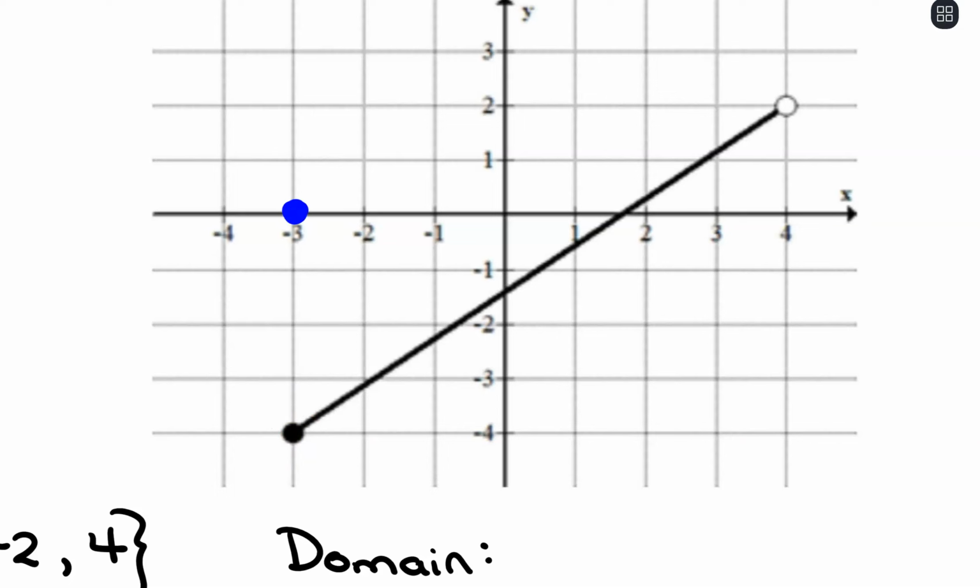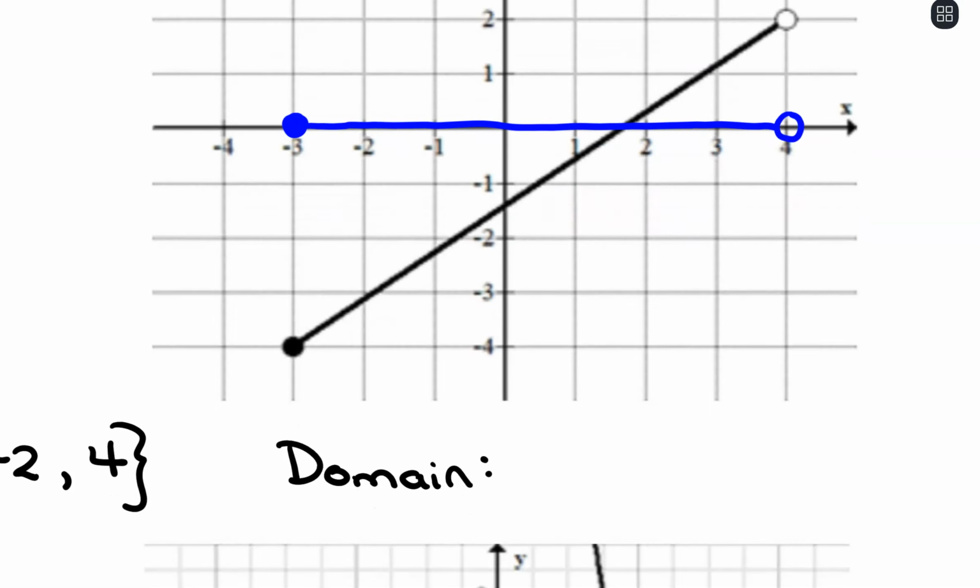And then our function continues on to be defined all the way until we get to x equals +4. And at +4, we have an open circle. So what that tells me is that we're defined all the way up until +4, but not including it. So our function is defined at like 3.9999999. That's good. But as soon as we hit 4, no longer defined.